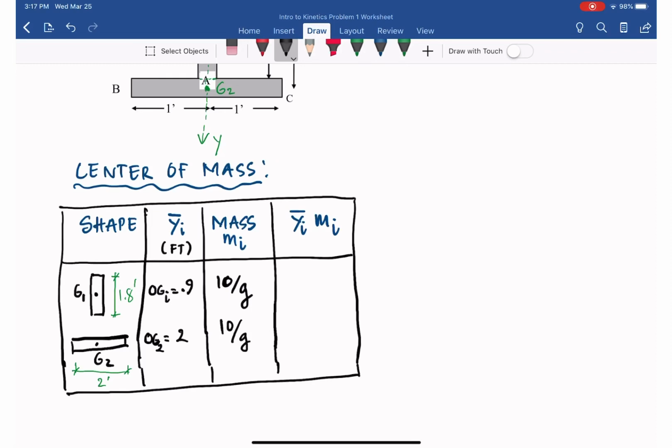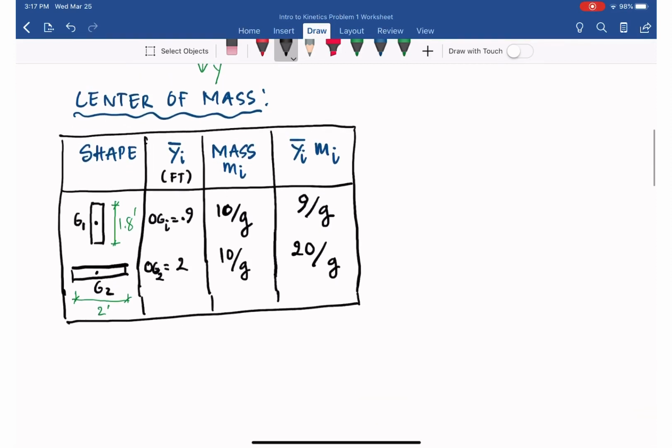And the products: 0.9 times 10 over g gives 9 over g, and 2 times 10 gives 20 over g.